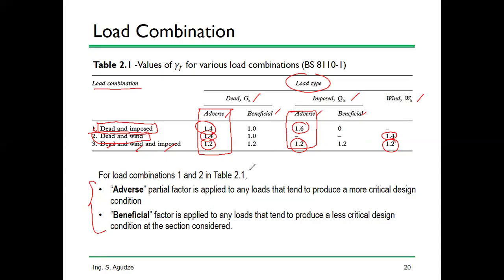Usually our focus is with the adverse, but there may be instances where we consider the beneficial also, especially the dead load. If we consider beneficial, we call it minimum dead load, right? Okay. Do you have any question regarding this? This is the main thing, and you must know how to do load combination.